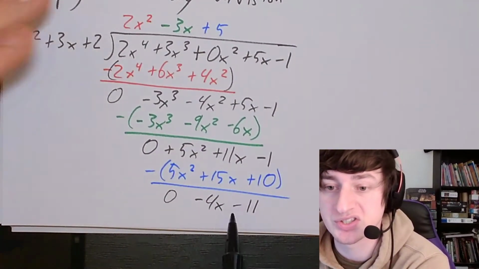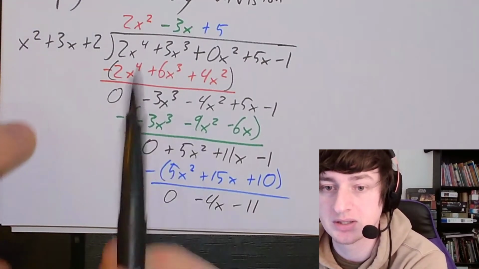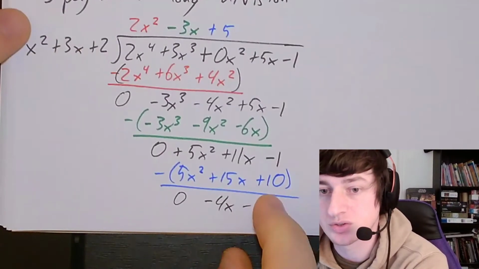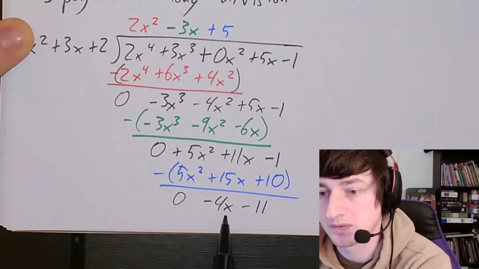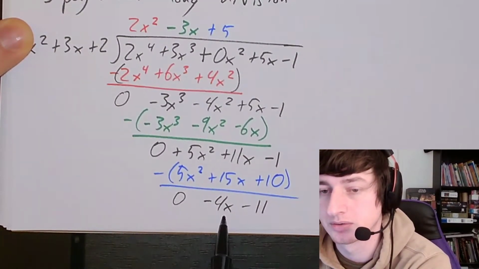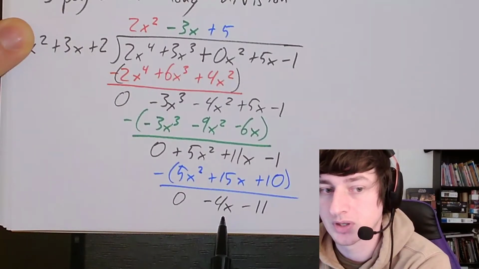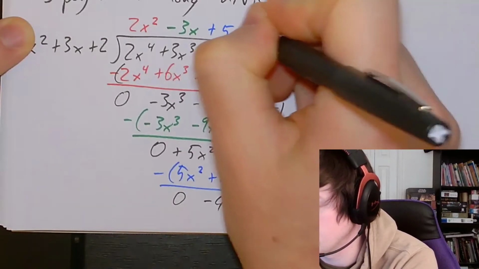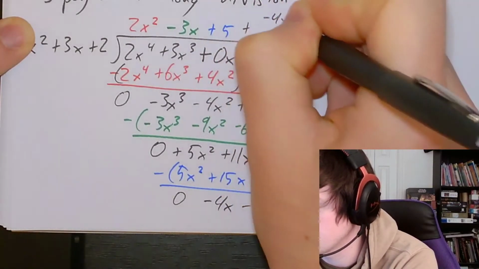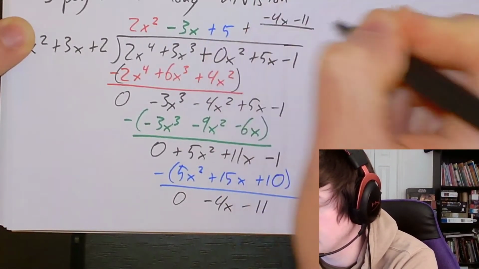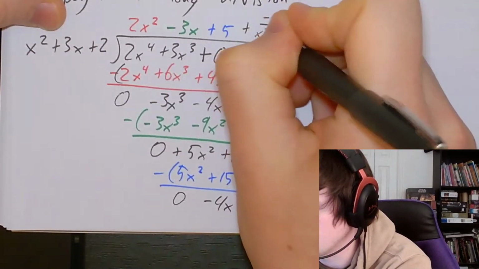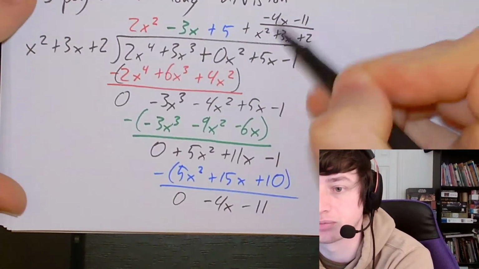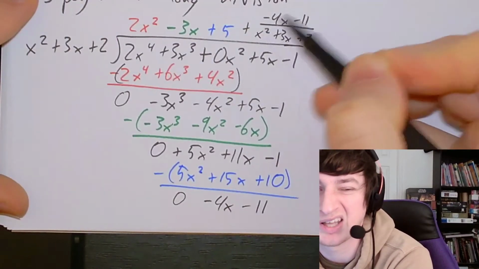And the reason I'm going to stop doing my process of making this x squared match this number is now this x squared exponent is bigger than the x here. So what I would do is now we're going to write, okay, plus minus 4x minus 11 divided by the x squared plus the 3x plus the 2. This is the remainder term. This is what was left.